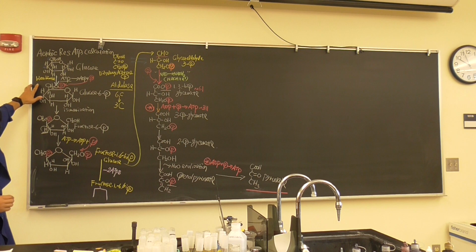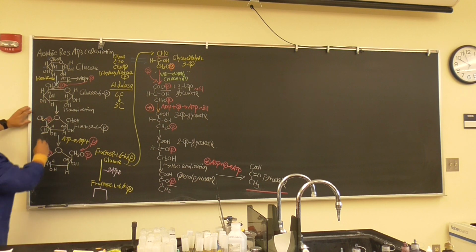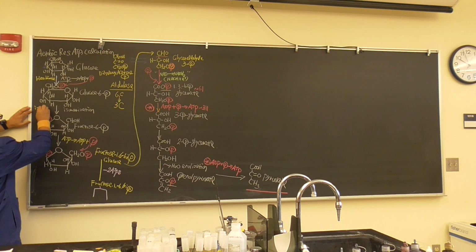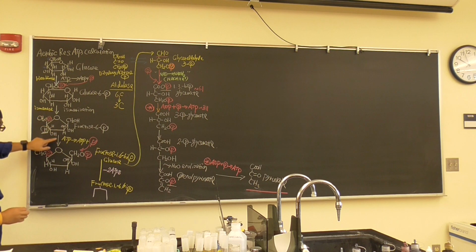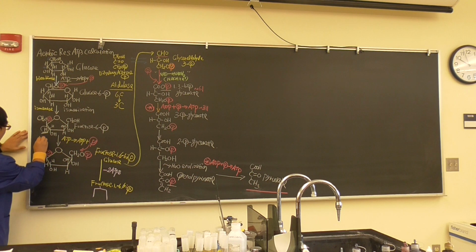It's going through group translocation. This is isomerization, so this is isomerase. Simple. And you go here, fructose 6-phosphate becomes fructose 1,6-biphosphate. That's phosphofructokinase.